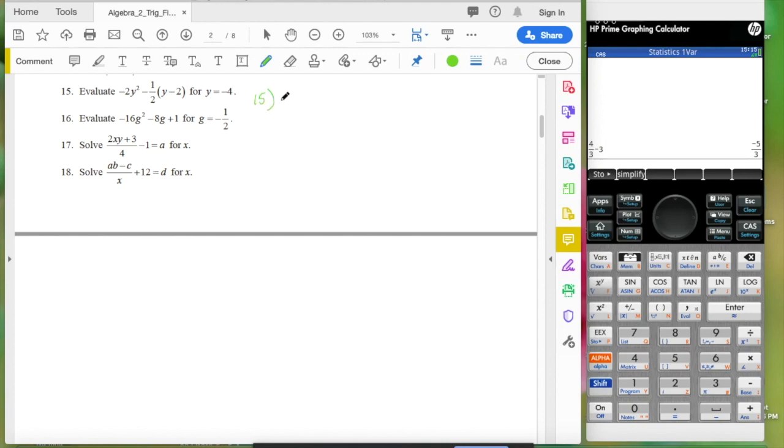So we have negative 2 times negative 4 squared minus 1/2 times negative 4 minus 2. If you don't follow PEMDAS, you're going to have issues. So we have negative 2 times 16 minus 1/2 times negative 6. So first I simplified the 4 squared and the parentheses. That's your PEMDAS.